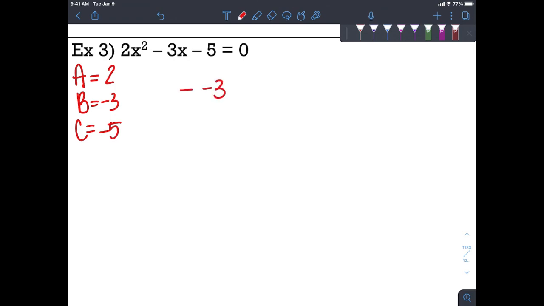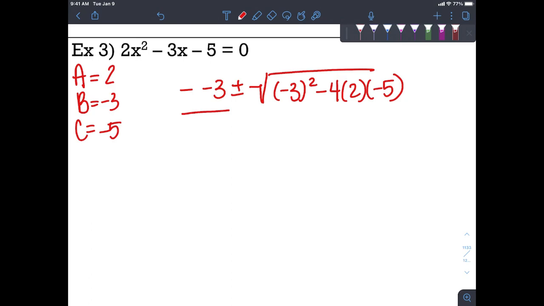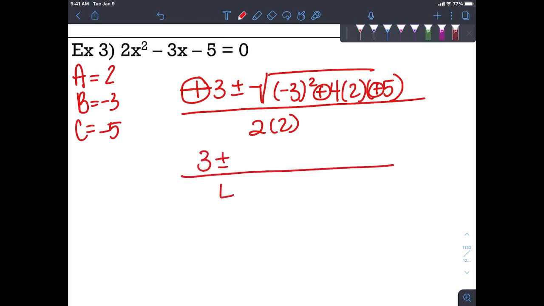Negative b plus or minus the square root of b squared minus 4 times a times c, all divided by 2a. All right, so I see a couple double negatives. I'm going to keep on simplifying.